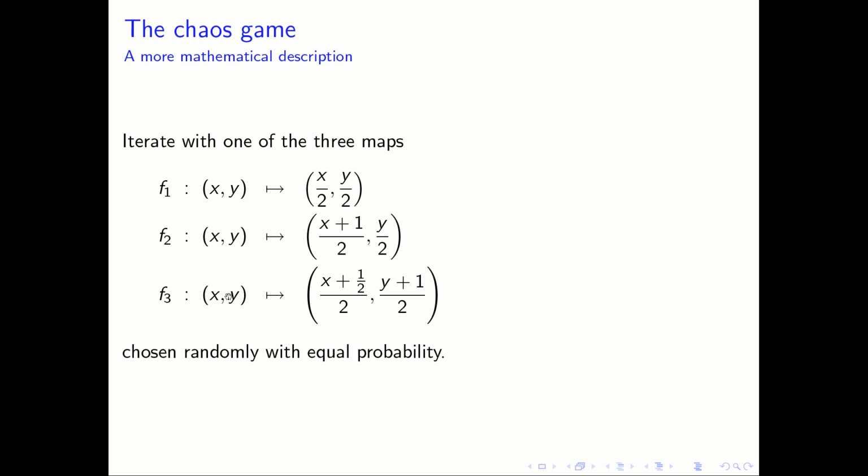The 3 maps that we saw for the iterated function system here, (x,y) goes to (x/2, y/2), (x,y) goes to this, (x,y) goes to this. Well, each of them has exactly the same determinant, or actually the same Jacobian to be more precise. And we choose each of the maps randomly with equal probability in this case. And let's see what happens if we do this.